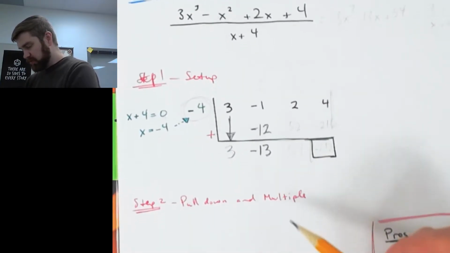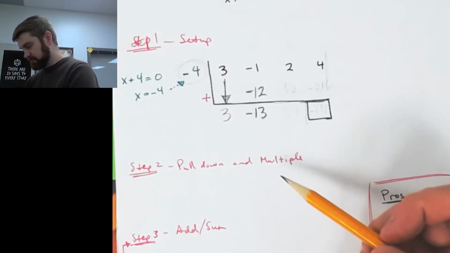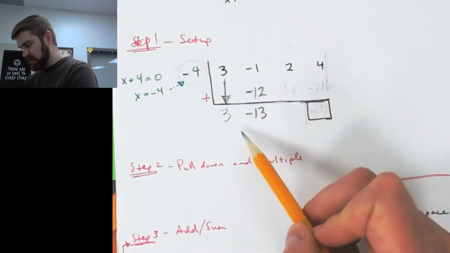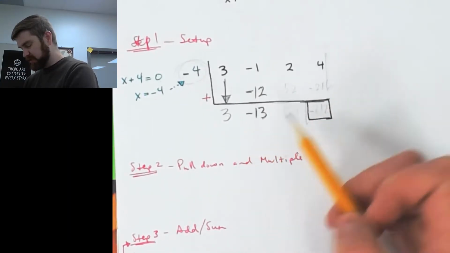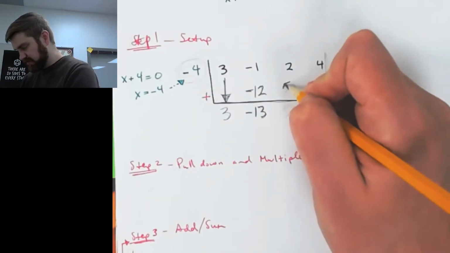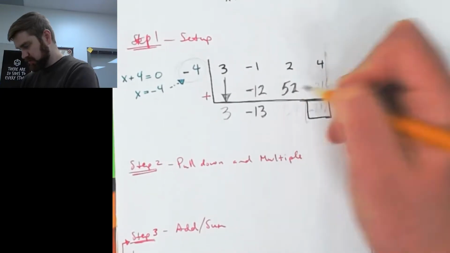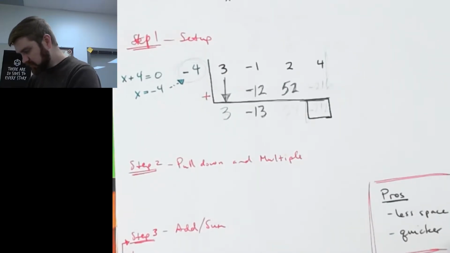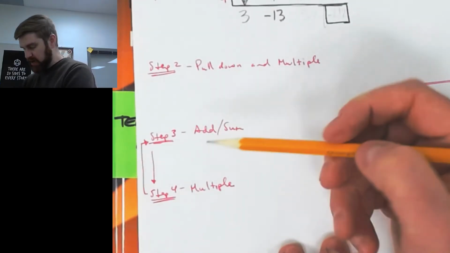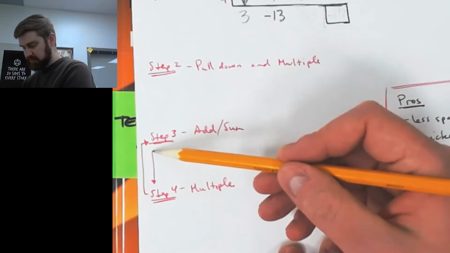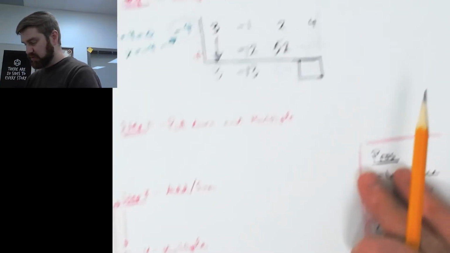And then we have to multiply again. So we go minus 4 times negative 13 gives us a positive 52. Once we're at that point, we repeat steps 3 and 4 as a circle until we get to our remainder.